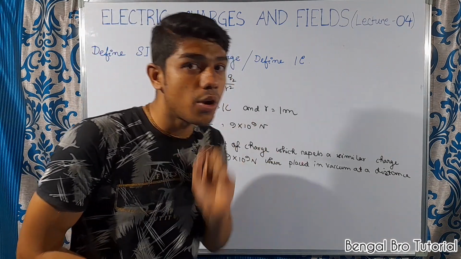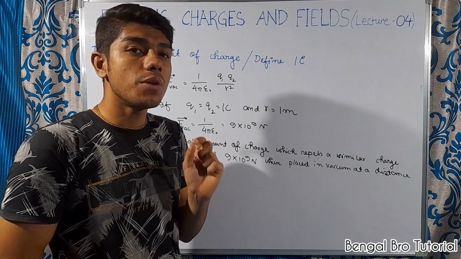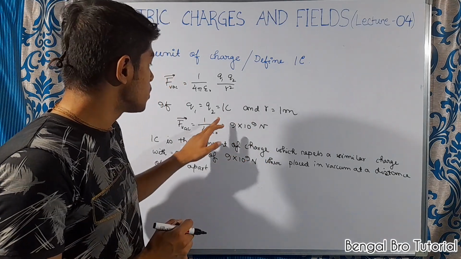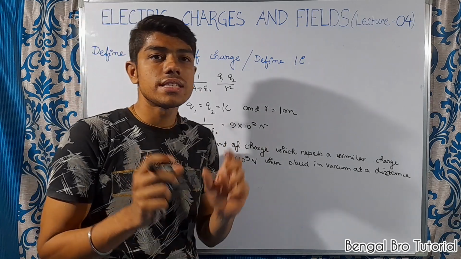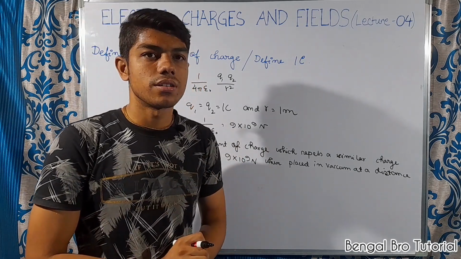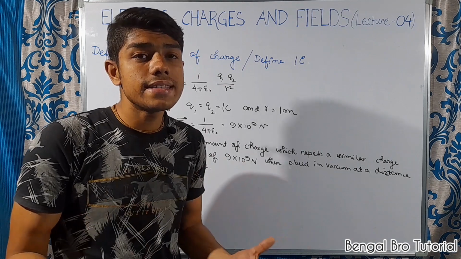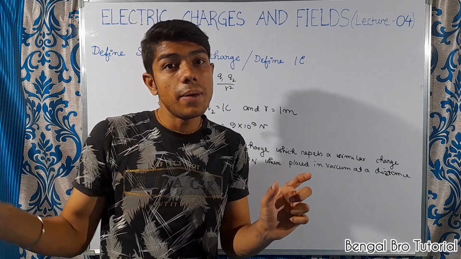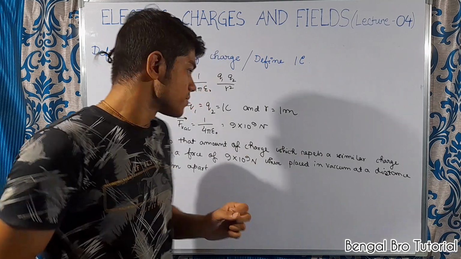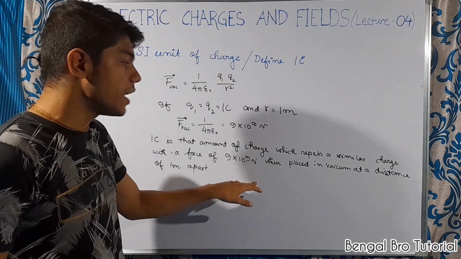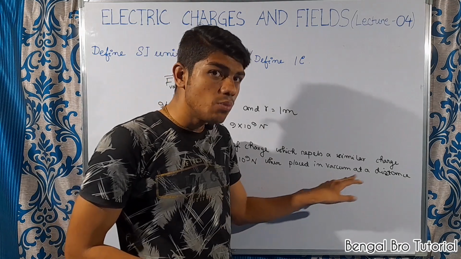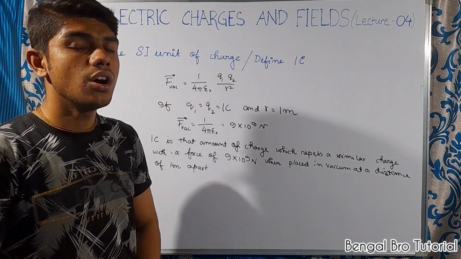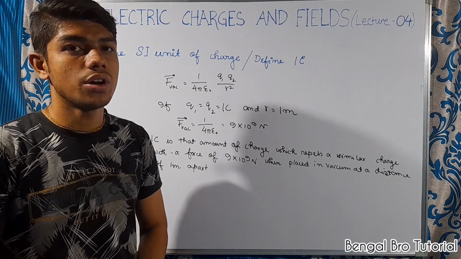Now this is only possible when the magnitude of charge in both the charges is equal to 1 Coulomb and they are separated by a distance of 1 meter. So we can say that 1 Coulomb is that amount of charge which will repel a similar charge with a force of 9 into 10 to the power 9 Newton when they are placed in vacuum at a distance of 1 meter apart. This is the definition of 1 Coulomb or SI unit of charge.